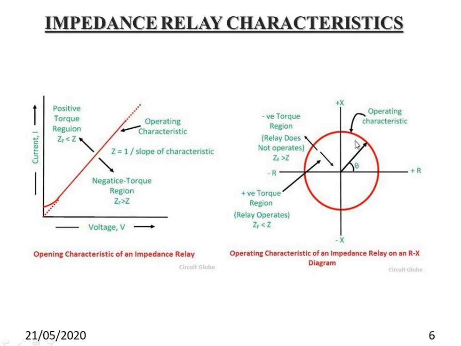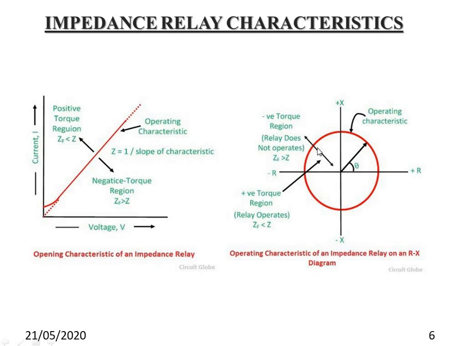If we draw the RX diagram properly, then we can easily say how the relay is operating. If we plot the universal torque equation, it's a circle equation. The circle looks like this.